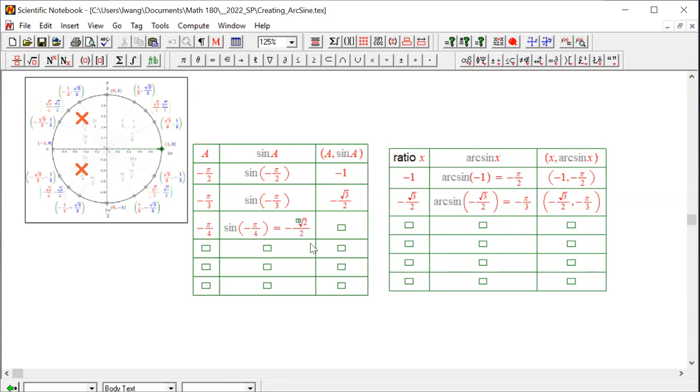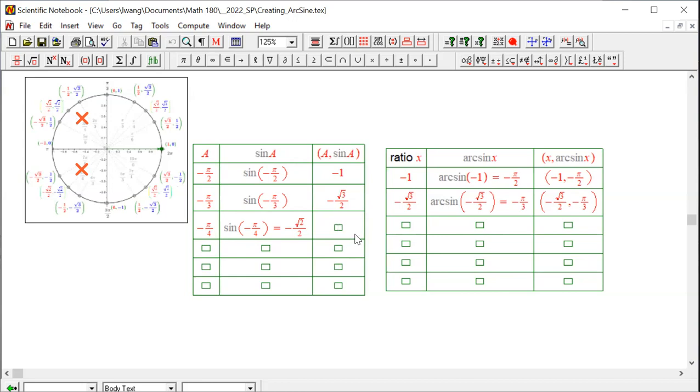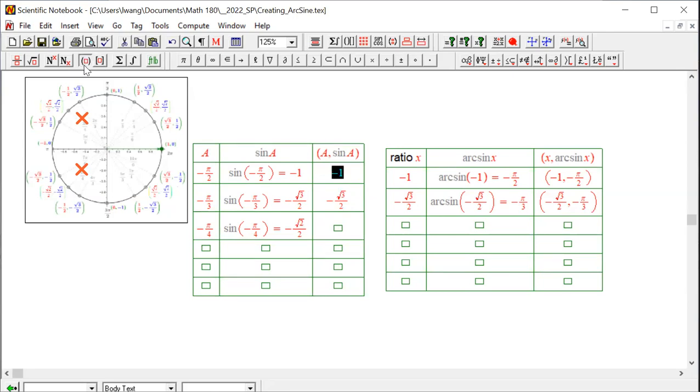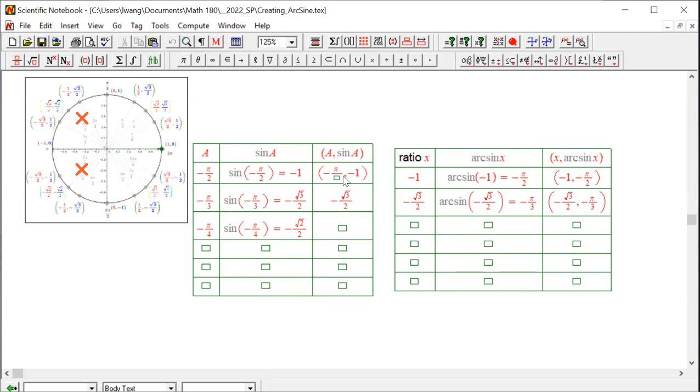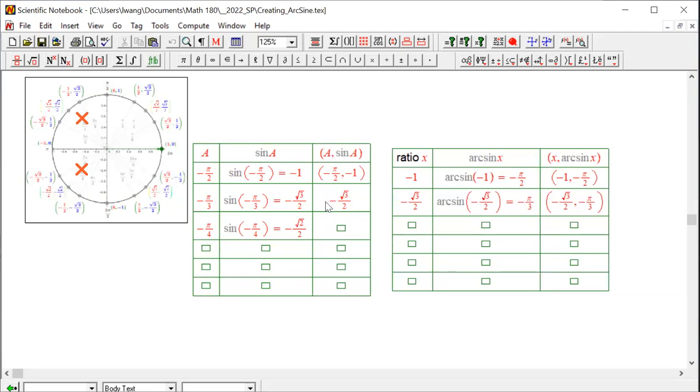We all know that very well. Oh, sorry, what did I do? My bad, I'm going to fix it. So this is going to be negative √3/2. I meant to put input and output in that order. So the input is negative pi/3. Sorry about that, I want to be consistent.